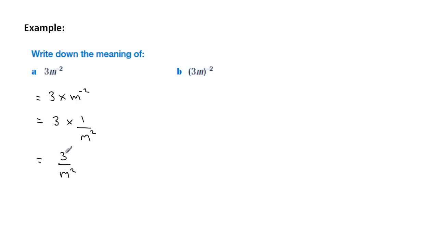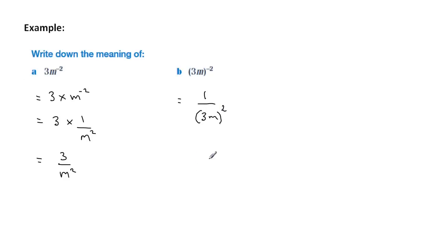So what's the difference between this one and this one? Well, in this case, because the 3m is in brackets, both of these are influenced by the -2 index. So we would have to apply the rule to the whole bracket, and that whole bracket goes underneath and it becomes a number to the power of 2.